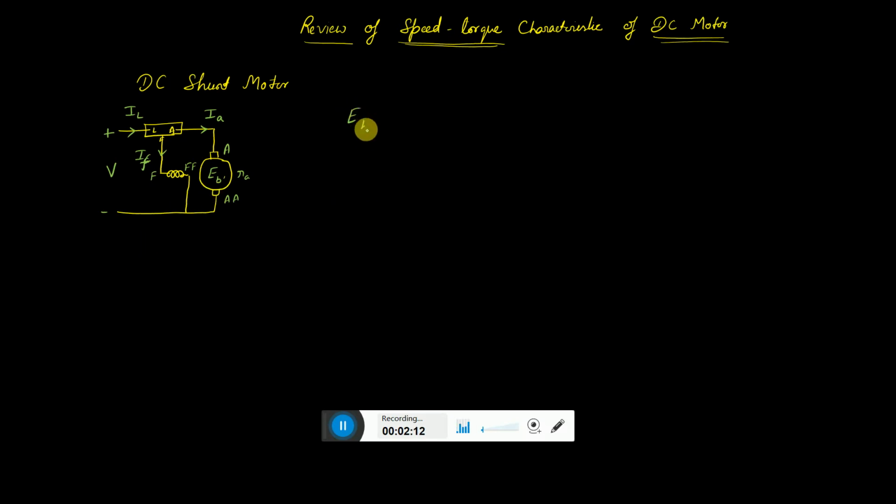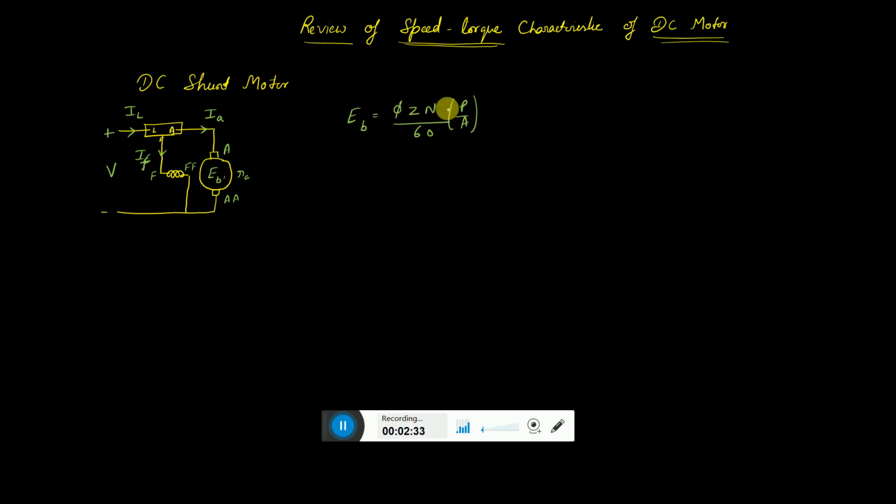we can write EB is equal to phi Z N P by A divided by 60, where phi is the flux per pole. If the number of poles is 2, per pole the flux is phi, even if it is 4.